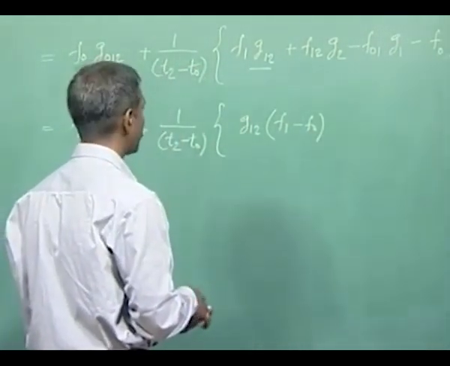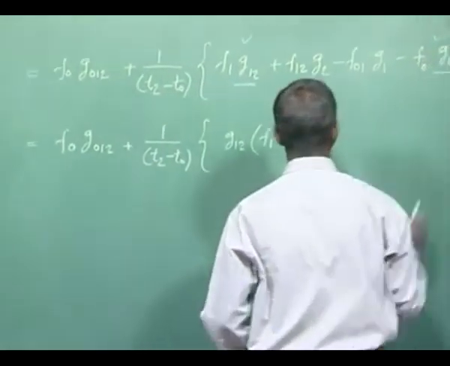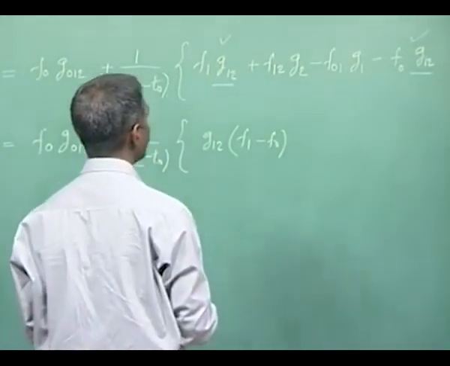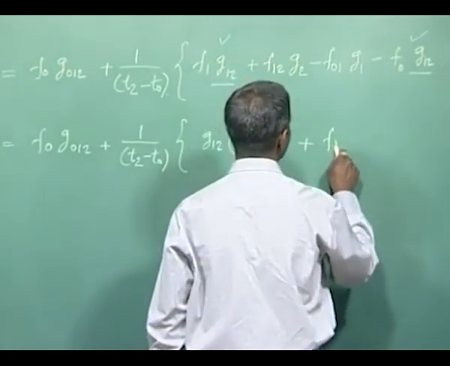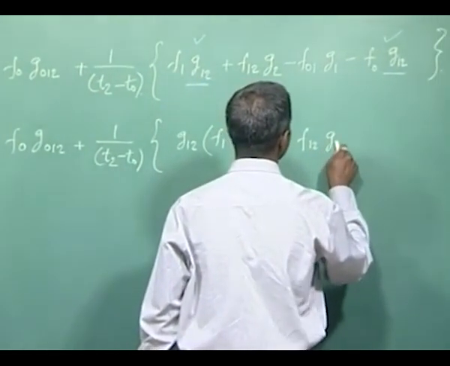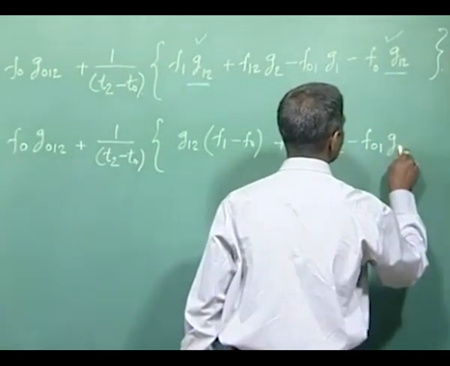I have taken care of this term right here and this term right here. What I'm left with is plus F12 G2 minus F01 G1.